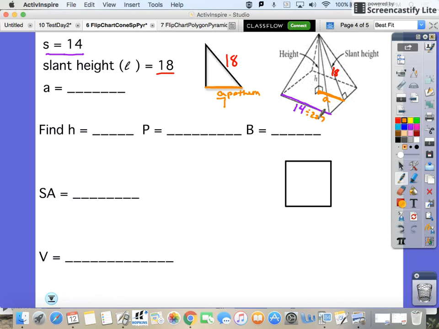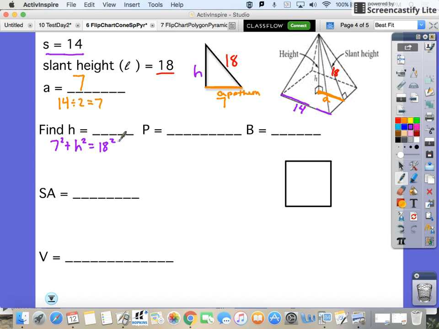Now, I can put it in this gap right here. We did 14 divided by 2 equals 7. I'll erase it here so it's not so messy. All right. Then we need to find our height. So we have our triangle set up, and we have 2 out of 3 sides. So to find the height, we can do 7 squared plus h squared equals 18 squared.